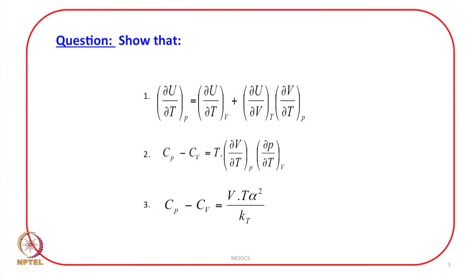Now, question number 3 is to show that Cp minus Cv is equal to V times T times alpha squared over the isothermal compressibility, Kt. We can use the equation that we derived to get this result. Let us see how we do that.